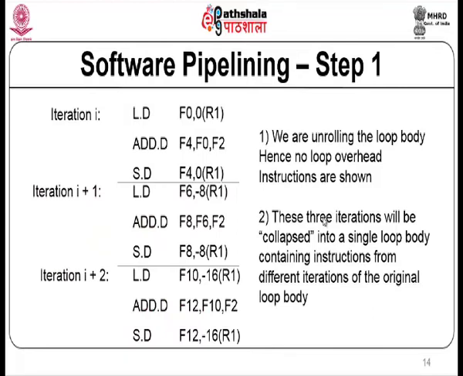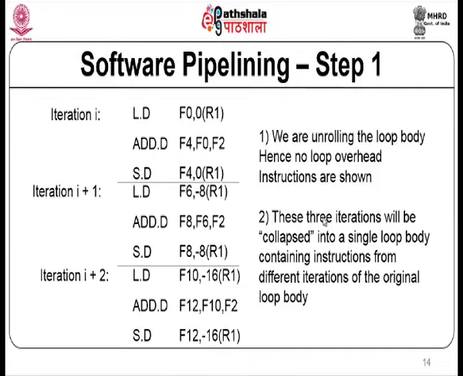You can see that the loop has been unrolled 3 times. So, you have 3 loads, adds and stores indicated as iteration I, iteration I plus 1 and iteration I plus 2. Unrolling the loop is the first part. The second part is that we have to select instructions. These 3 iterations will be collapsed into a single loop body containing instructions from different iterations of the original loop.